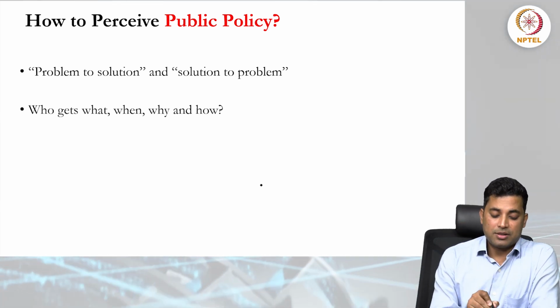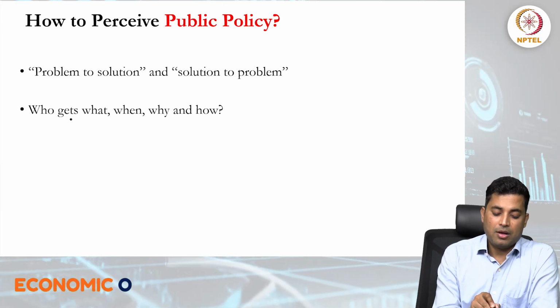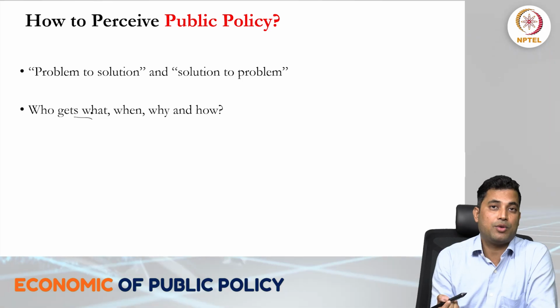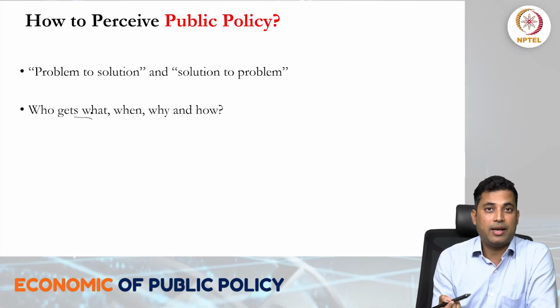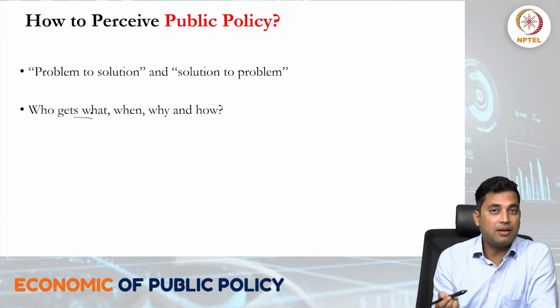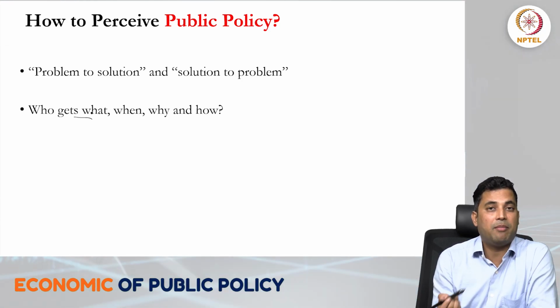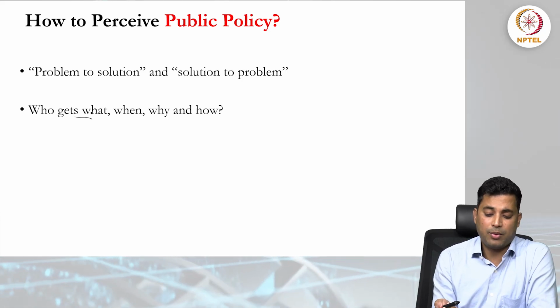Generally it comes like who sets public policy, who gets what in the public policy. Even those who are framing the public policy also get something out of it. So it is not only for the people, but for those who are policy makers also, like who gets what, when, why and how.